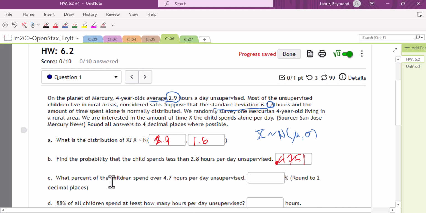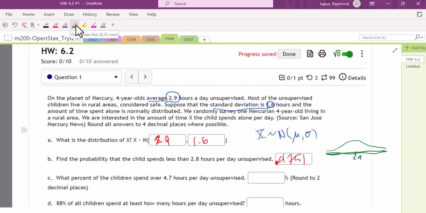And now the next one is what percent of the children. By the way, these things have an associated drawing with them, and it would be good to kind of have this every once in a while. The drawing will start off with a normal distribution where our mean is right in the middle, 2.9. And then what you want to do is label your x value that you're considering.